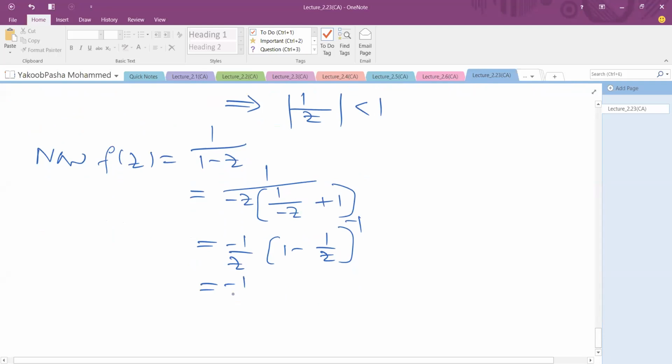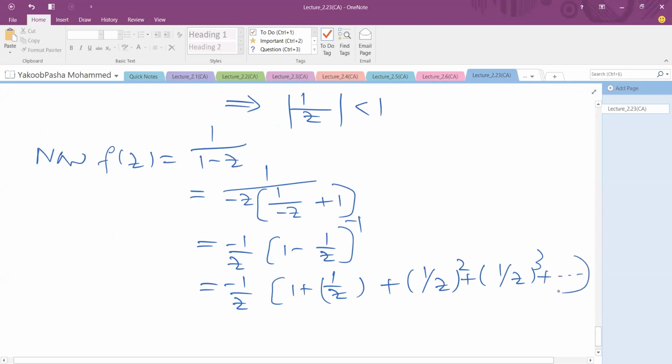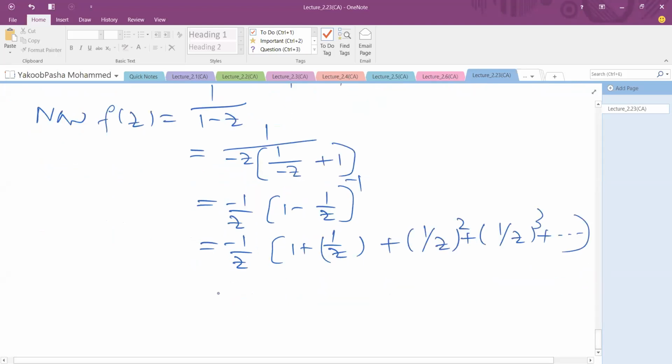So this is equal to minus 1/z times 1 plus 1/z plus 1/z whole square plus 1/z whole cube and so on. Multiply with minus 1/z, so we get minus 1/z first term, minus 1/z whole square, minus 1/z whole cube, minus 1/z whole to the power of 4, and so on.